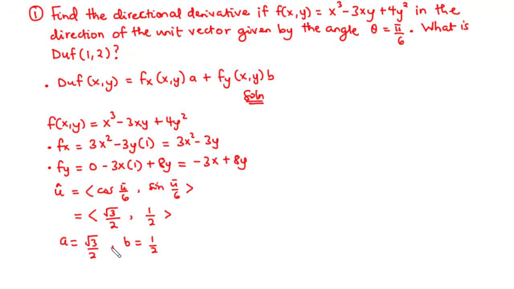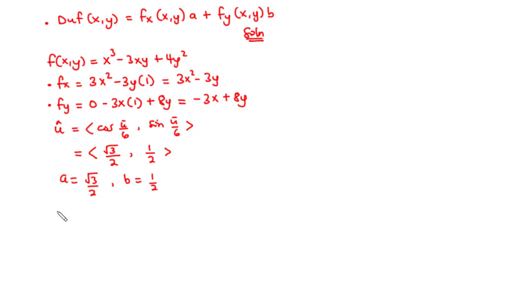Therefore we have the directional derivative of the function f of x, y to be equal to, so we have fx, which is 3x squared minus 3y, all times root 3 over 2, plus fy, negative 3x plus 8y, all times 1 over 2.